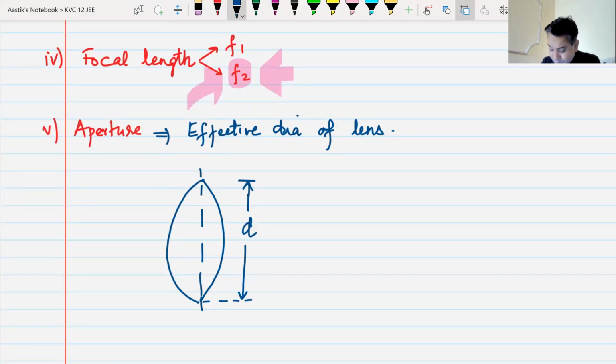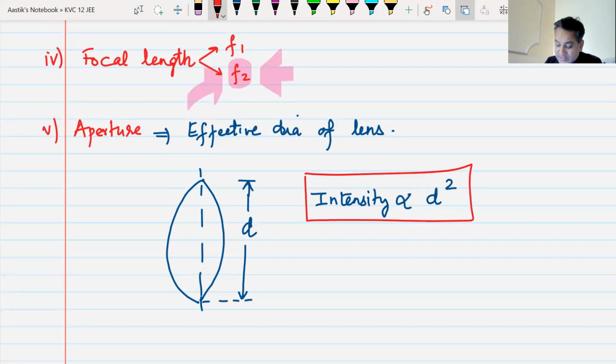And remember, sometimes you are going to polish it, so one half is polished. What happens? Remember the intensity of the image, how sharp you are going to see this image. Intensity of the image is directly proportional to the square of the diameter or aperture. So if I polish it or darken it, your image is going to reduce in intensity.